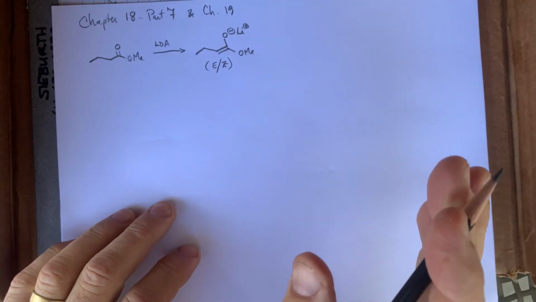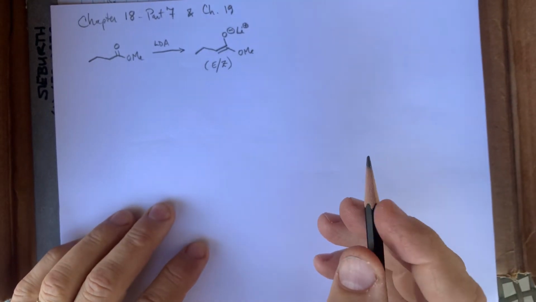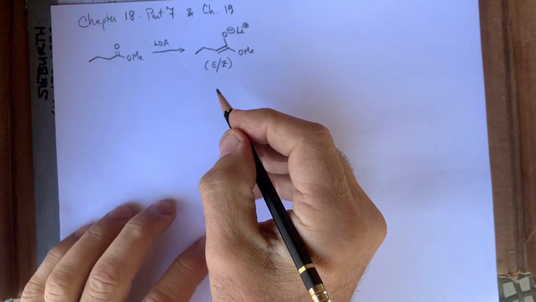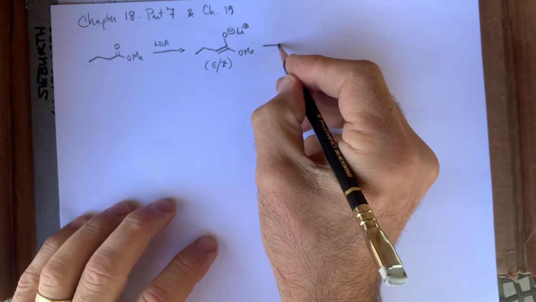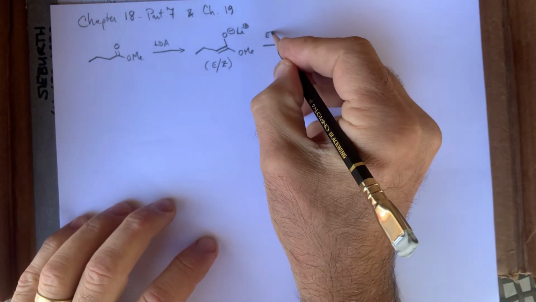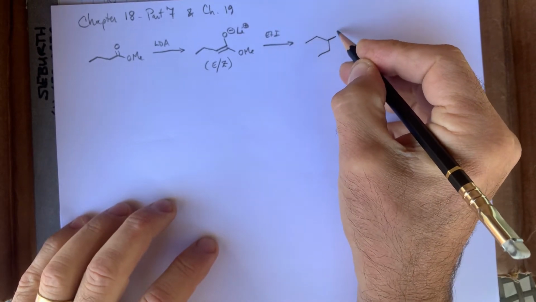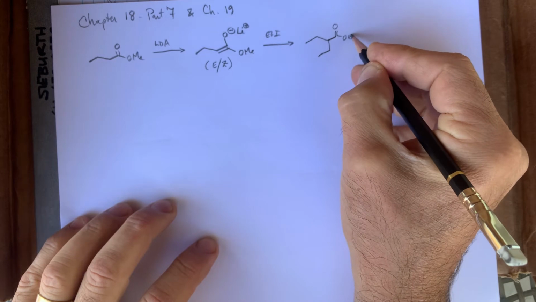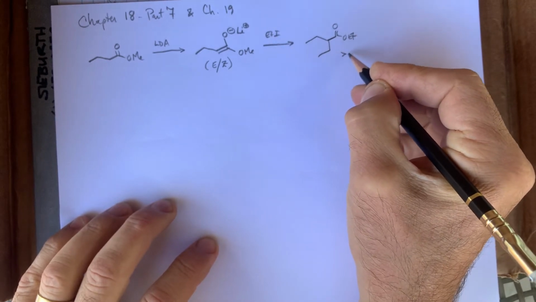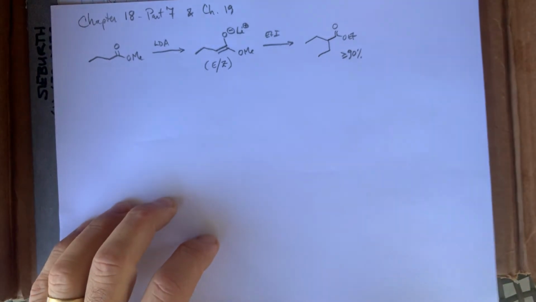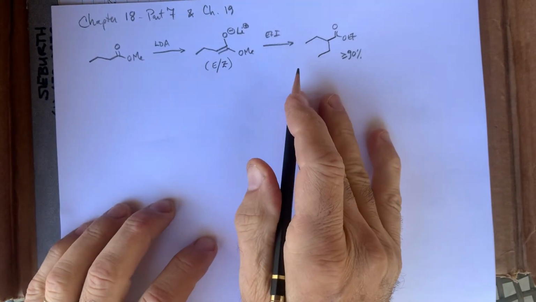We're just going to draw it as the enolate and pretend that we know that it's a mixture of those. And then you throw in ethyl iodide, and you get alkylation, and 90% yield or better. So this is a really good reaction.